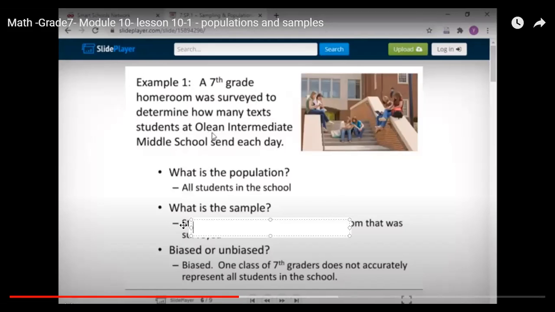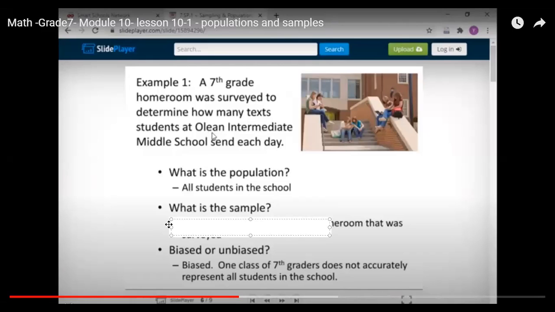We have to answer 3 questions now. What is the population? The population is the Olean Intermediate Middle School, all students in the school, right? What is the sample in this question?